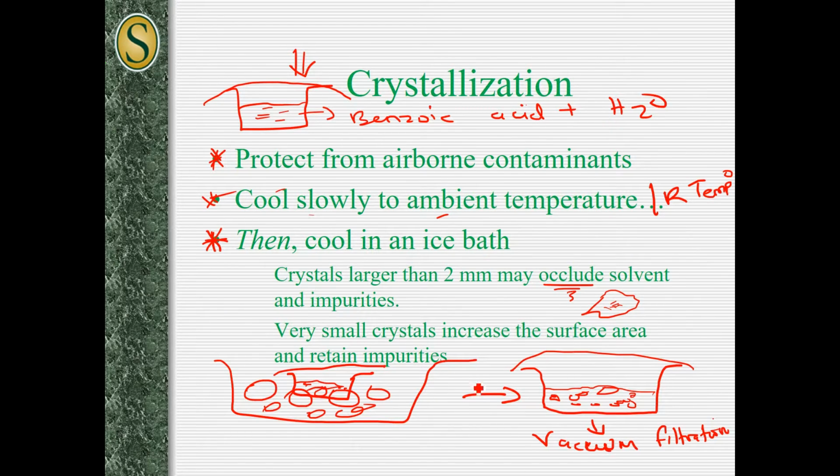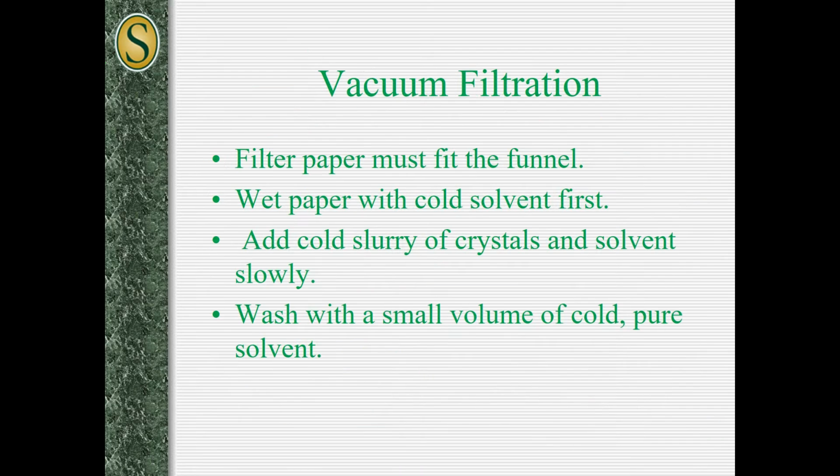Now that you are ready to vacuum filtrate to remove our beautiful crystals, we will need a filter paper, a Buchner funnel, and a thick-walled Erlenmeyer flask. The funnel that we're going to use is special. It has holes in it to let the water drip through, and we're going to drop in a fitting filter paper.